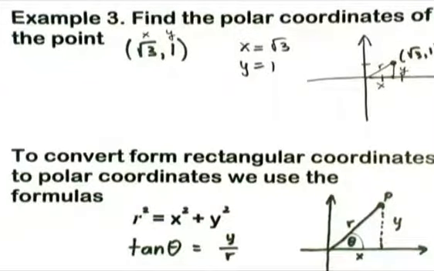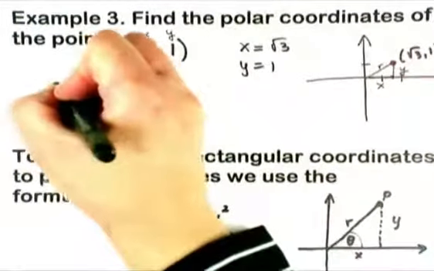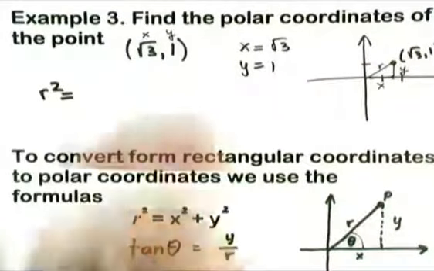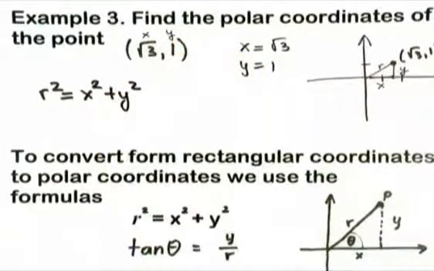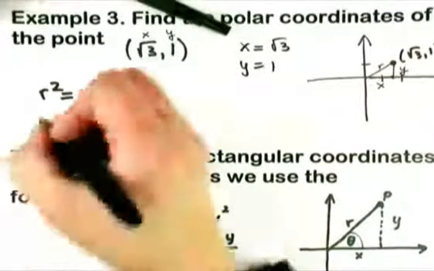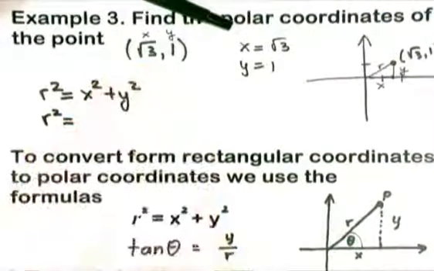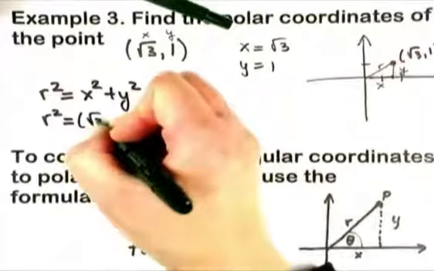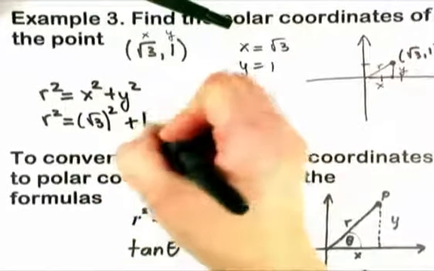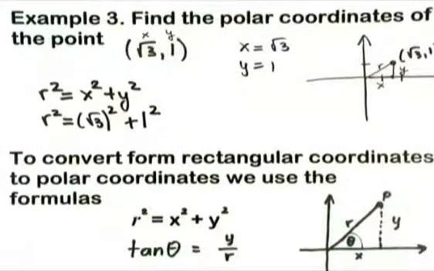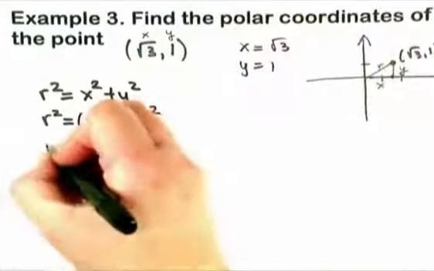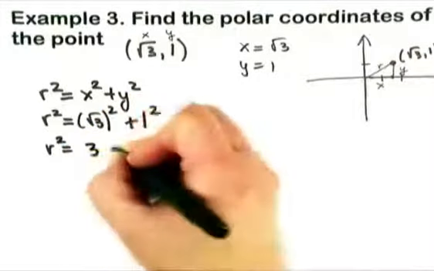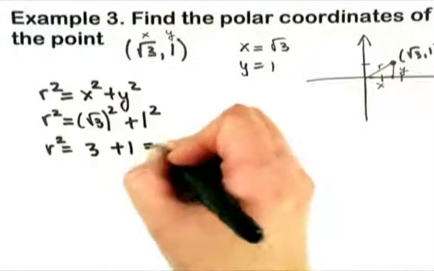So first I'm going to find r using the Pythagorean theorem. r squared is equal to x squared plus y squared. I'm going to substitute my values. So we have that r squared is equal to square root of 3 squared plus 1 squared. Square root of 3 squared is 3. So we have that r squared is 3 plus 1, which is 4.